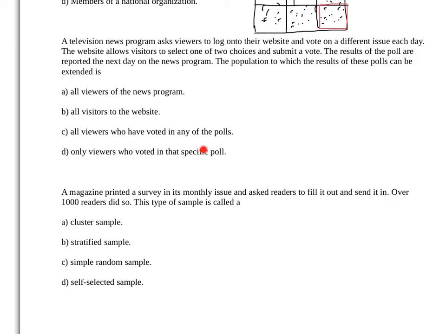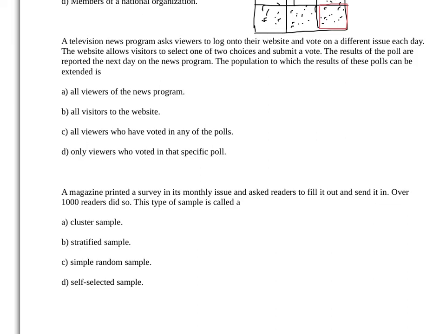All viewers who have voted in any of the polls, again, this actually kind of goes along with what I was saying before. So if they have different topics each day for the polls, well, the people who care the most about that particular topic on that day are going to vote in that specific poll.